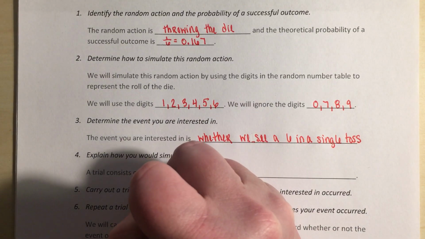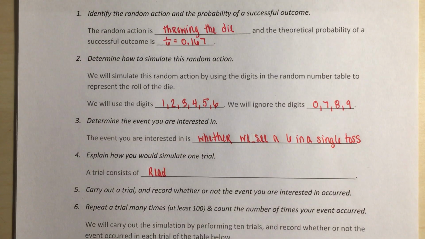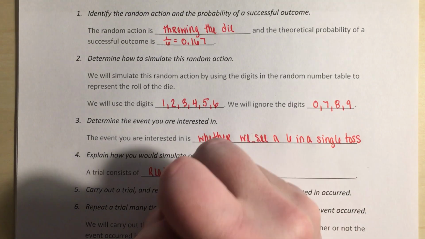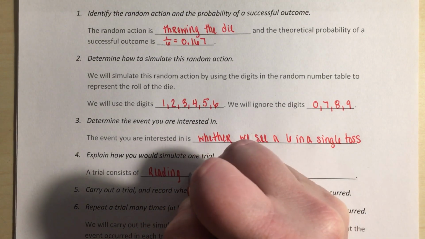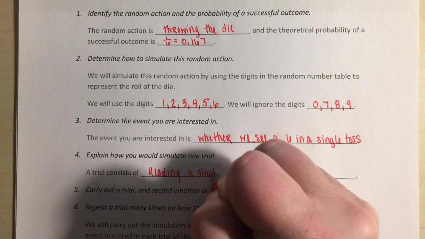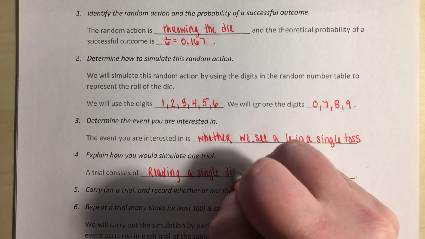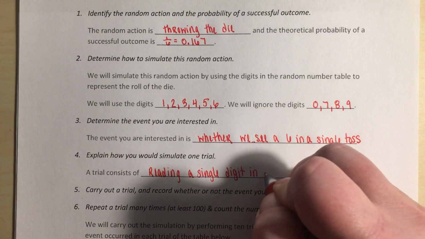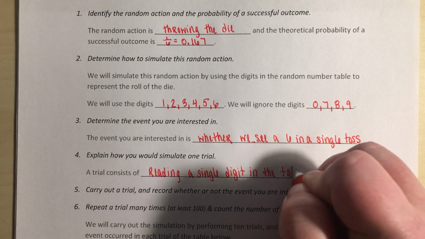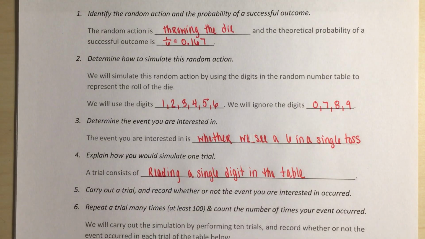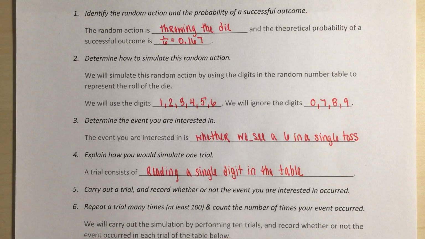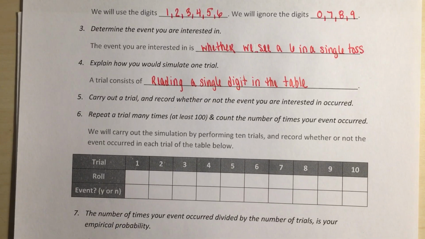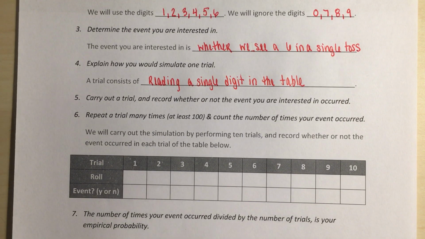We are going to read a single digit. So a trial consists of reading a single digit in the table. We're going to carry out a trial, and then we're going to repeat it a bunch of times, and we're going to use the numbers above to help us come up with our different rolls.